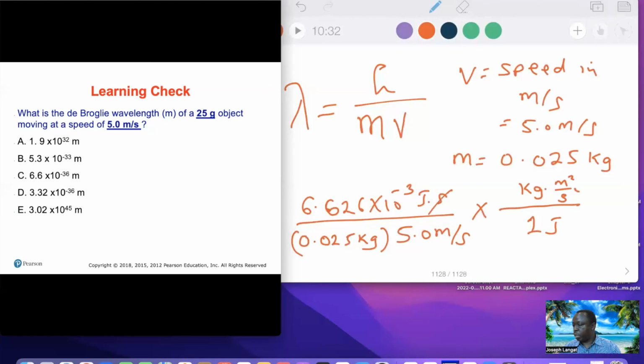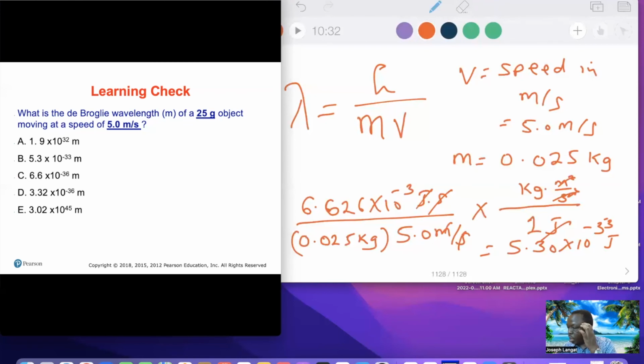So that joules and weight will go, we'll remain with meters. And this is 5.30 times 10 raised to negative 33.